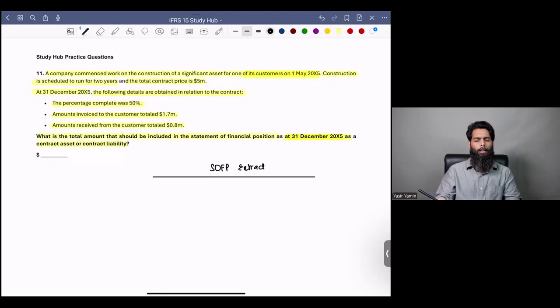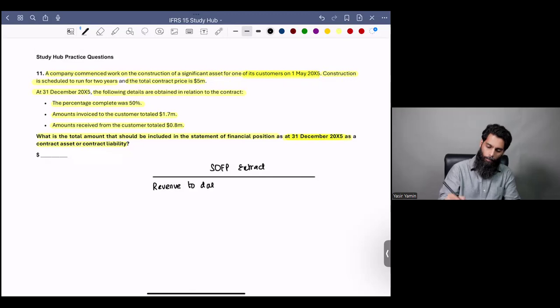How do you make an SOFP extract? You take revenue to date and you subtract any progress billings, right? And there you have either a contract asset or a liability. Make sense?